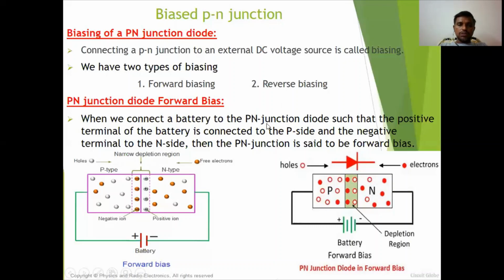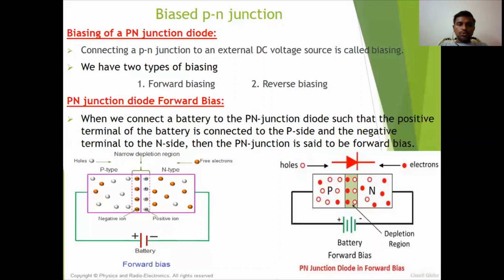So the statement is: a PN junction diode is connected to a battery such that the positive terminal of the battery is connected to the P-type material and the negative terminal of the battery is connected to the N-type material. That type of biasing is called forward biasing of a PN junction diode.